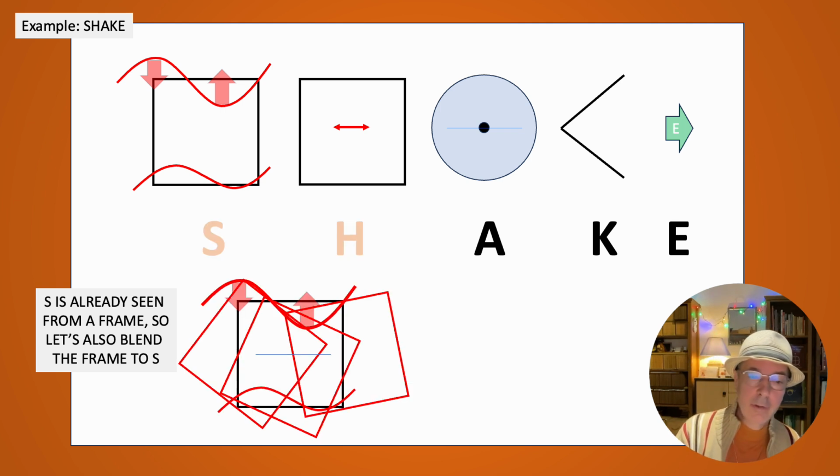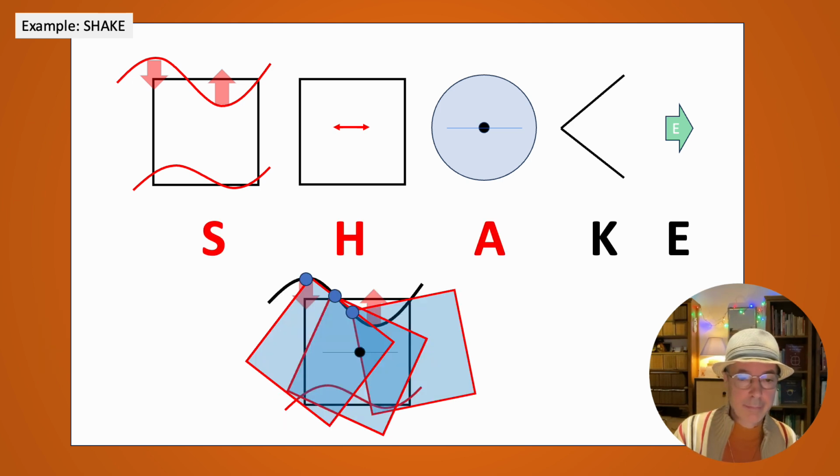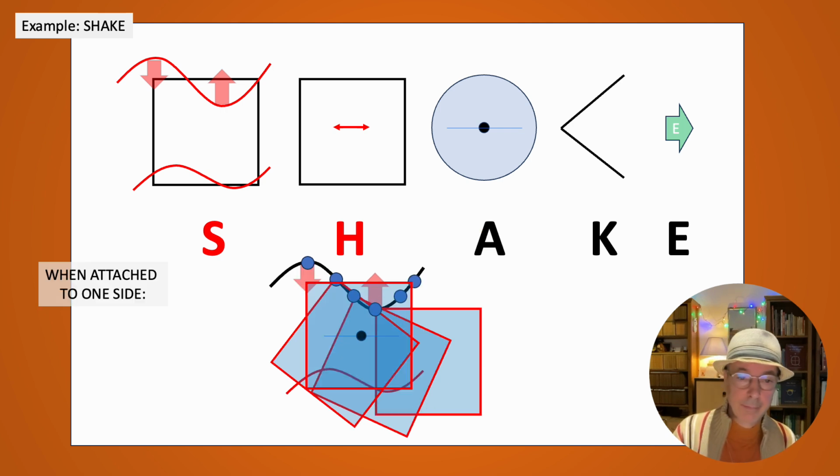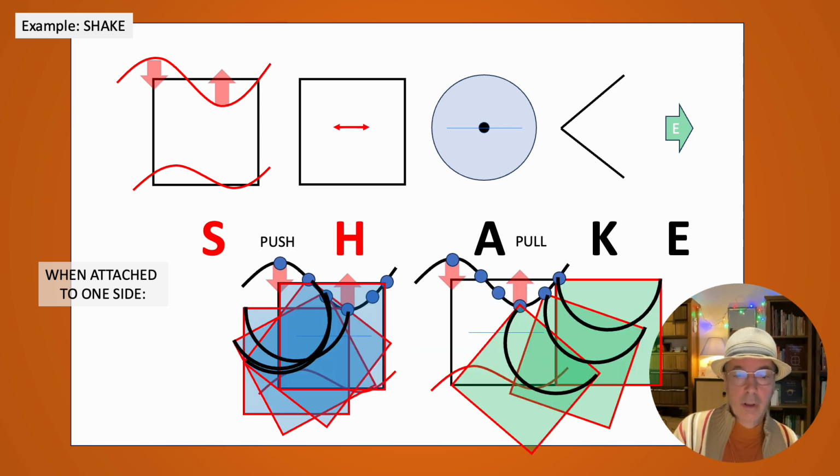How do I do that? If I put them really tied together, my frame is moving here. So I have a moving frame, which also shows some variations, so my focus is moving. When it's attached to one side, very quickly you will notice that this can work if I make it more physical.